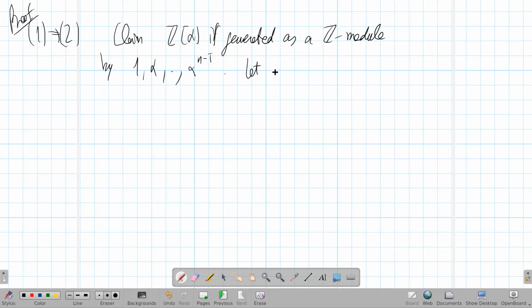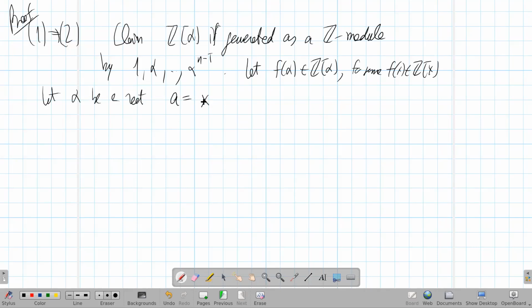So we'll take f(alpha), an element of Z[alpha], for some polynomial f in Z[x]. And let alpha by assumption 1 be a root of the polynomial we will call simply A, which is x^n + a_(n-1)x^(n-1) + ... + a_1 x + a_0.